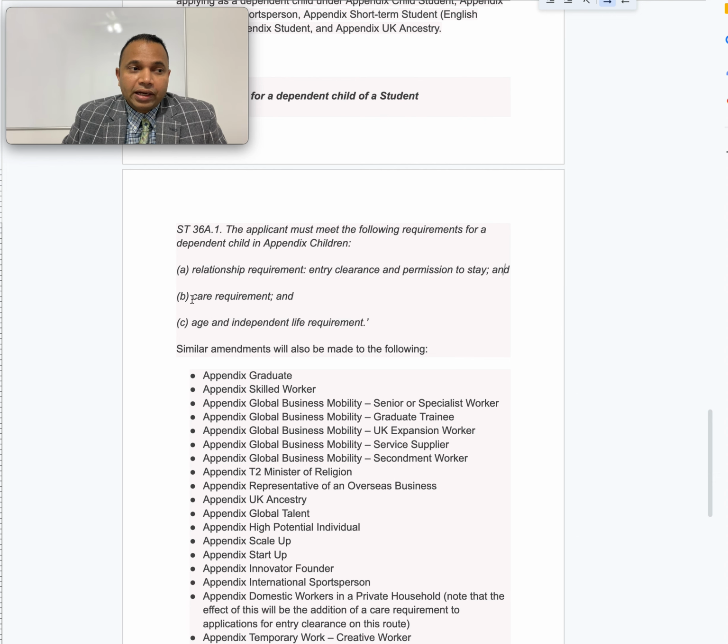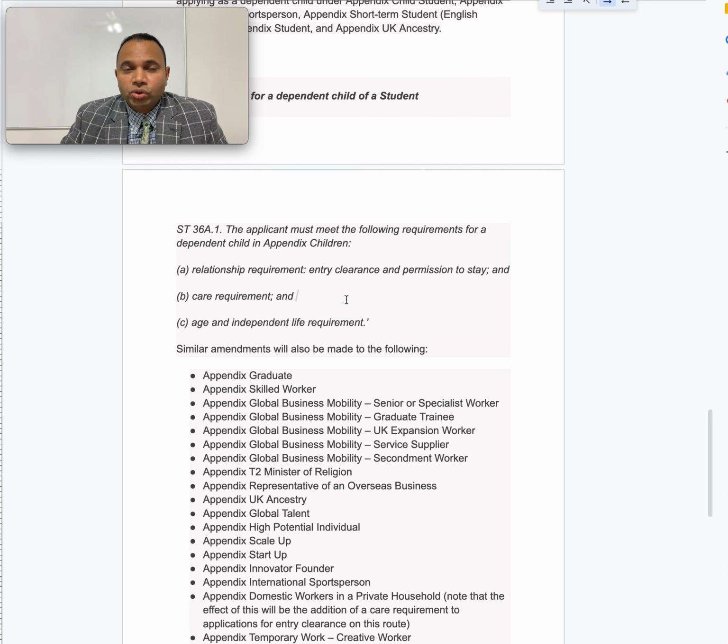And care requirement: enough provision for care, space to stay in the UK, someone to look after the child. Sometimes I've been asked questions by students who will be studying, going to college, and it becomes very difficult. If it's just one person applying and the child is coming with them, it's highly unlikely that the child will be granted permission unless they have someone else, a relative, friend or guardian, who is going to take care of the child in their absence.